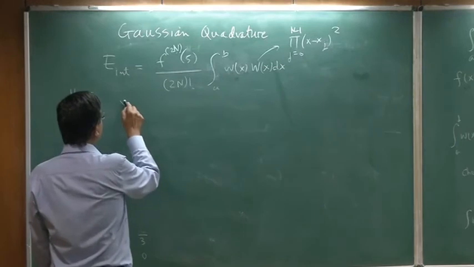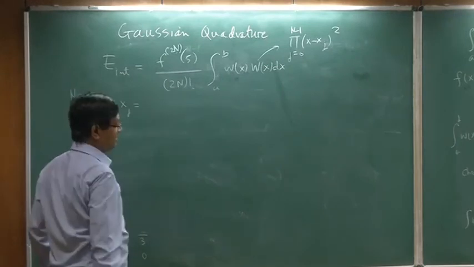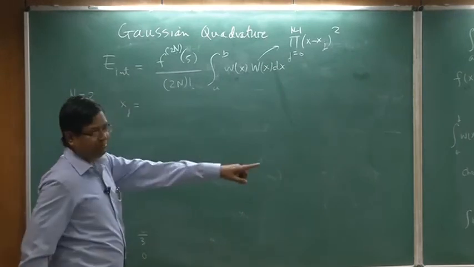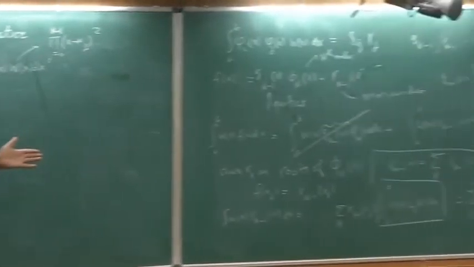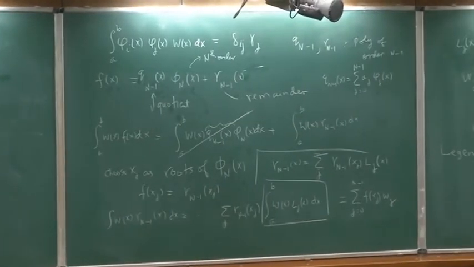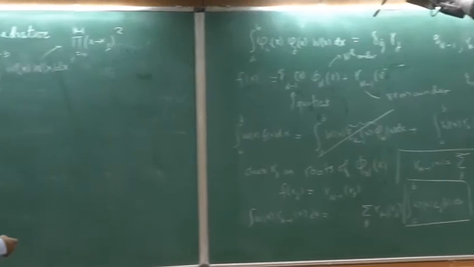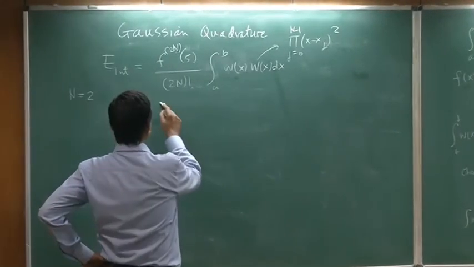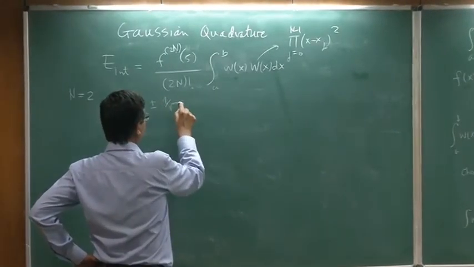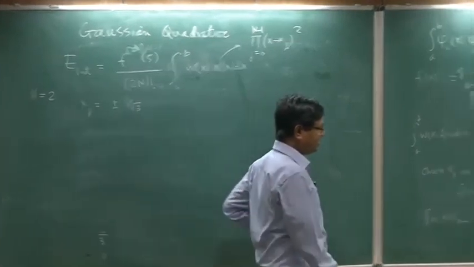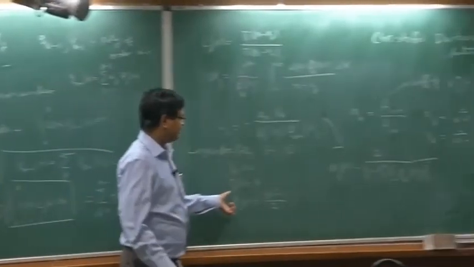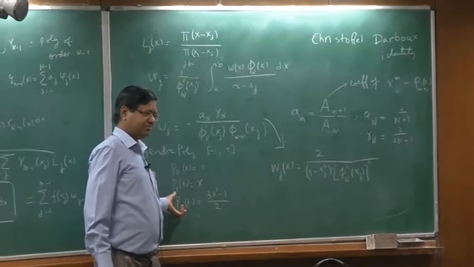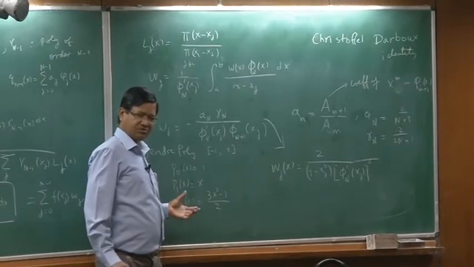So what are the abscissas, xj's? It should be the root of p2 or phi 2. What is the root of that one? Plus minus 1 by root 3. Just make it 0 and you will get plus minus 1 by root 3. So these are the roots.